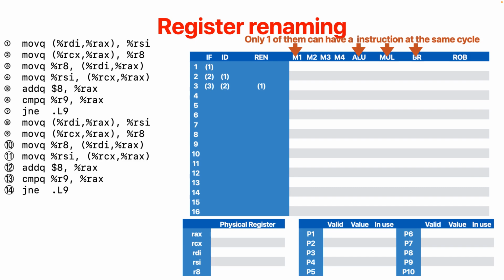First of all, with register renaming, you have to add one pipeline stage called the rename stage. At the rename stage, I put the instruction in the reorder buffer, and I also find a physical register that can store the output of this instruction. All my inputs are rewritten as source registers using physical registers. So that's the renaming stage.